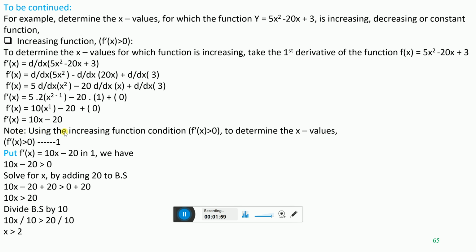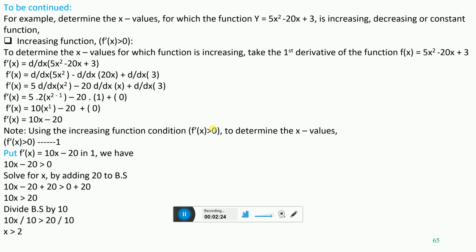Note, using the increasing function condition, f prime of x greater than 0, to determine the x values. How? First we find the derivative. This is the process. The first derivative f prime of x is equal to 10x minus 20. Now we will learn how to determine the x values using the increasing function condition.